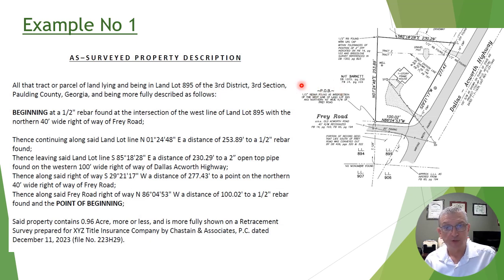It needs to be labeled as what it is, like a 1/2-inch rebar found. Graphically, you can tell that this is at the west line of land lot 895, which runs this way. Here's 895, here's 894, and then you've got Fry Road. Here it is. So this 1/2-inch rebar, if the surveyor had not labeled it, you're still not handicapped. You could begin here.